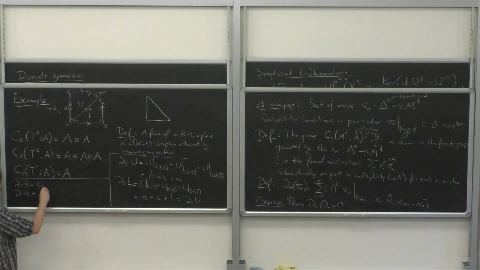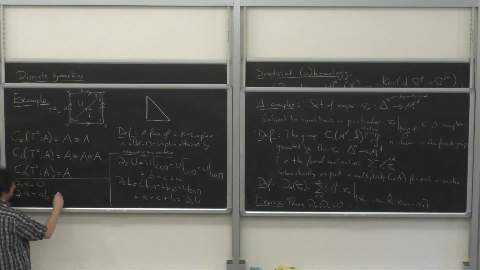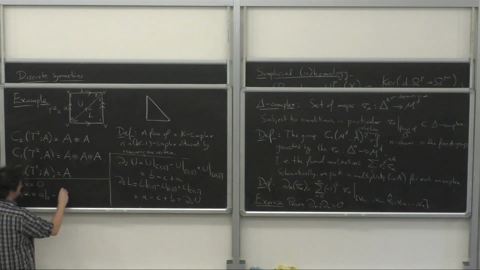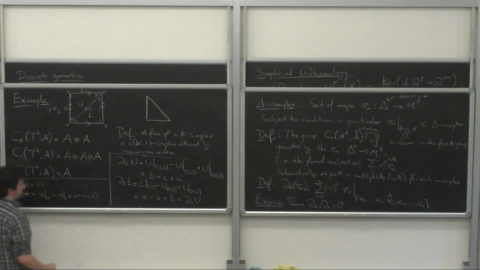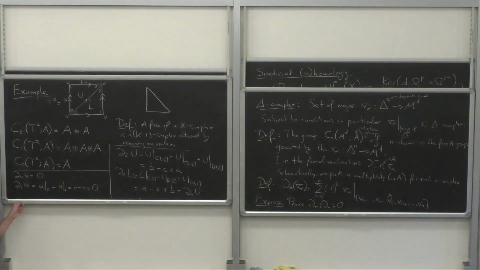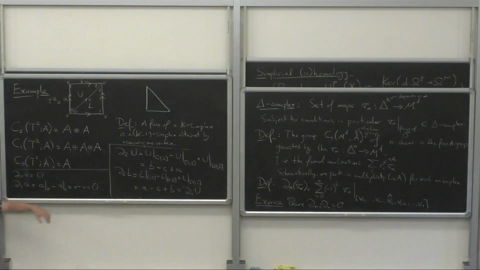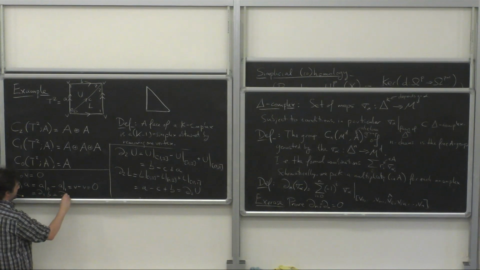It's going to be A restricted to 0 minus A restricted to 1. So it's V minus V, and that's 0. And you can easily convince yourself, once you notice this one, that this is the same for the others. So this is equal to the boundary of B, and this is equal to the boundary of C.